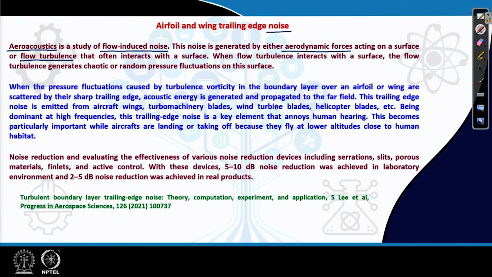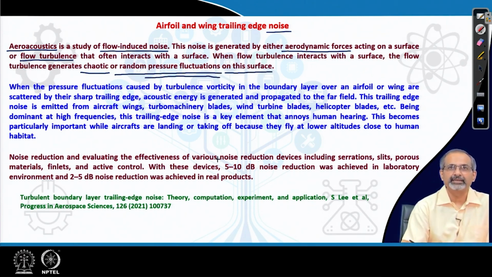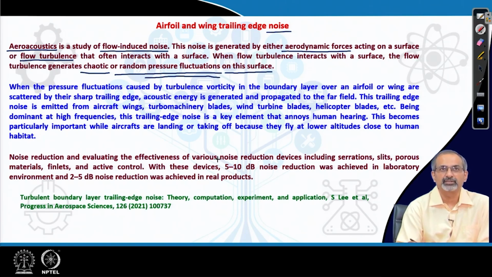So, when flow turbulence interacts with a surface, the flow turbulence generates chaotic or random pressure fluctuations, and mind it that the pressure fluctuations are responsible for creating the noise. So, it is not the steady pressure, but rather the fluctuations which will make the noise happen.